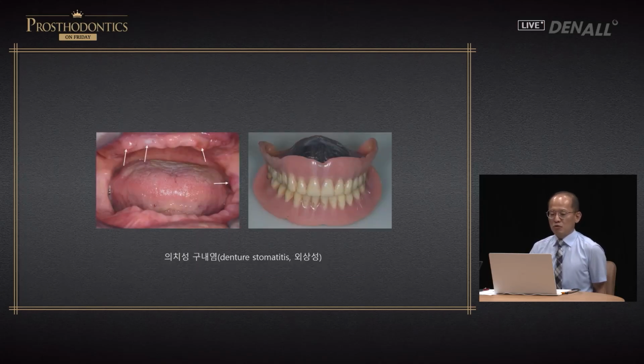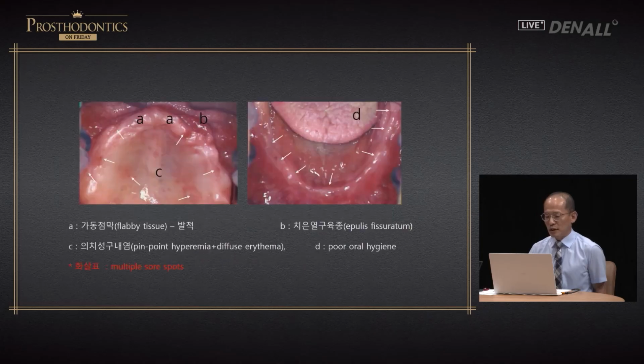However, inside the mouth, you see the stomatitis, and there's less retention, and it's become too loose, they said, the denture. So it's a severe complication, and you see various complications for this patient. Very easy to use to teach students with this patient, because there are many complications you see here.